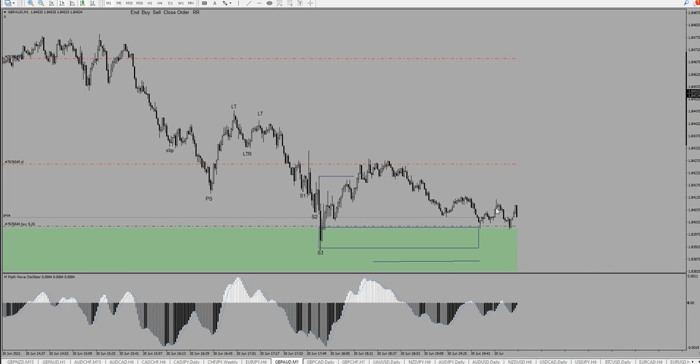Here, as you can see, it created a lower time frame schematic pattern, a market maker pattern. Again, let's repeat this.